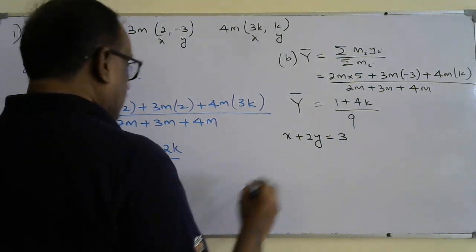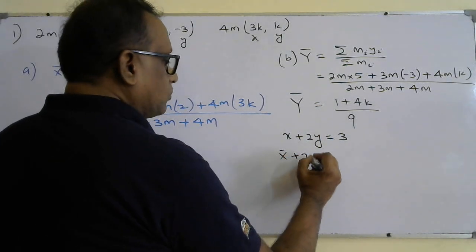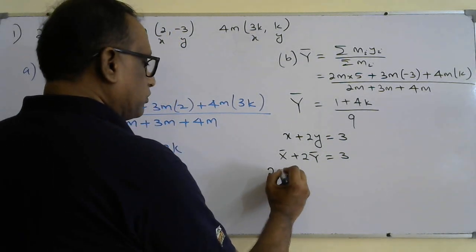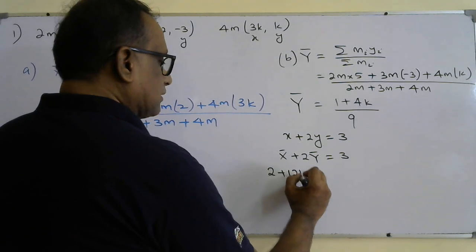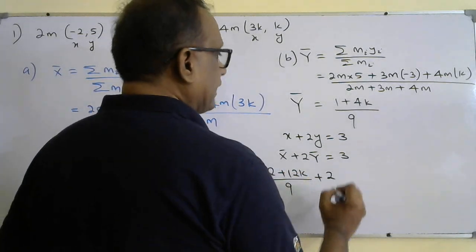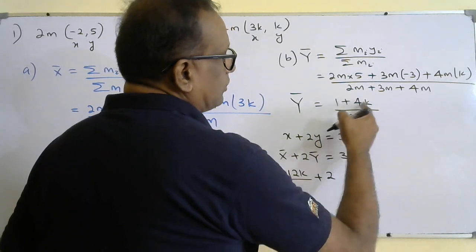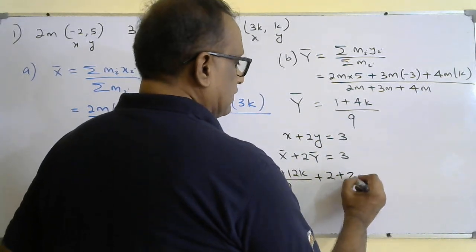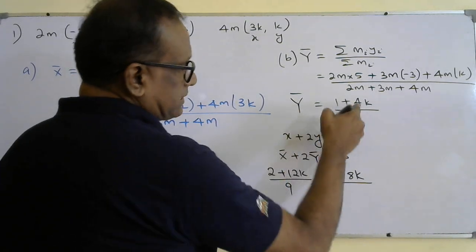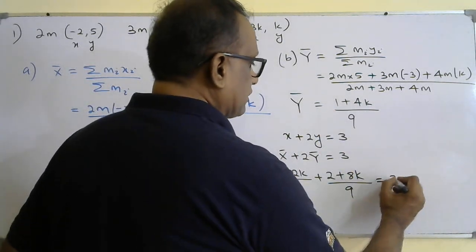X bar we can put as 2 plus 12k over 9, plus 2 times y bar, which is 2 plus 8k over 9, must be equal to 3.